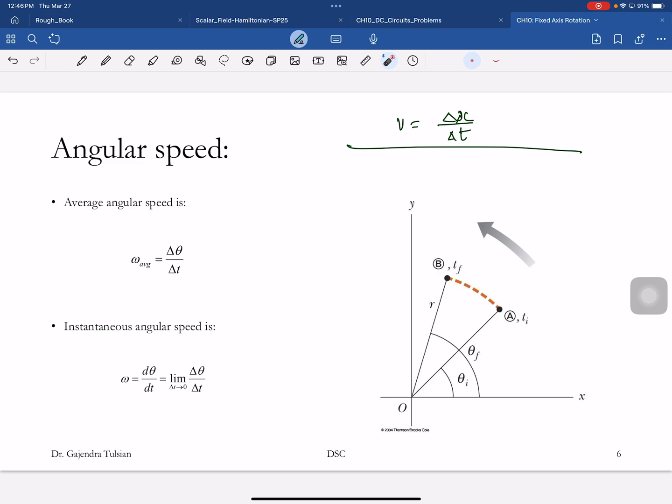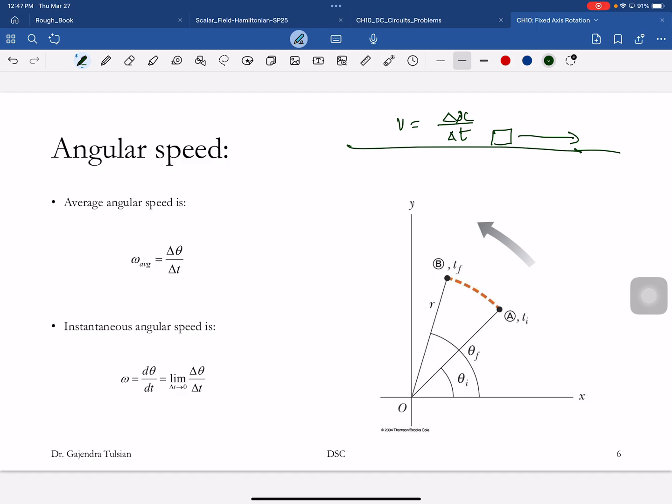So let me show you this again. Let's say I have this object rotating, and I do some crazy motion like this. If I want to describe that motion, how do I best describe it? Let me remind you, let's go back to an object traveling in a straight line.